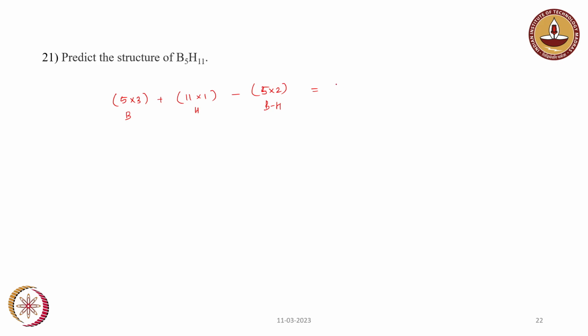So that is 15 plus 11 minus 10, which is 16. And SEP will be 16 by 2, that is 8 skeletal electron pairs.